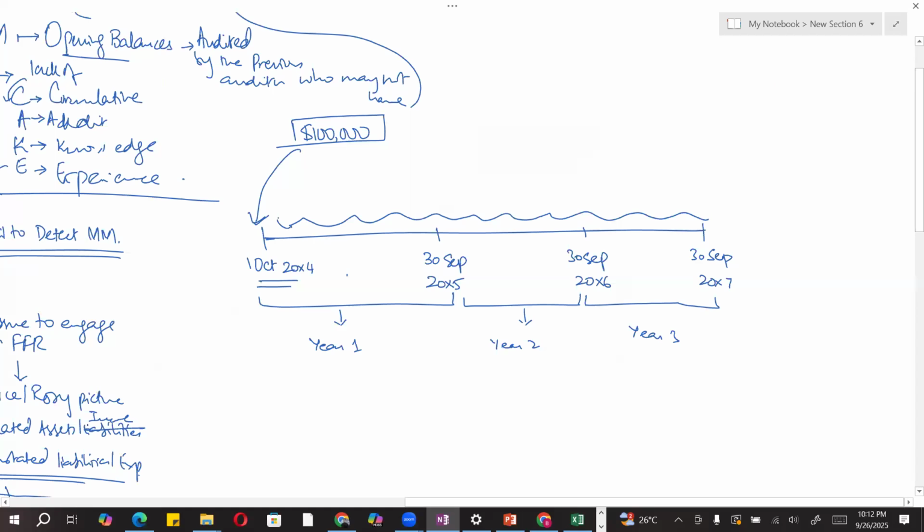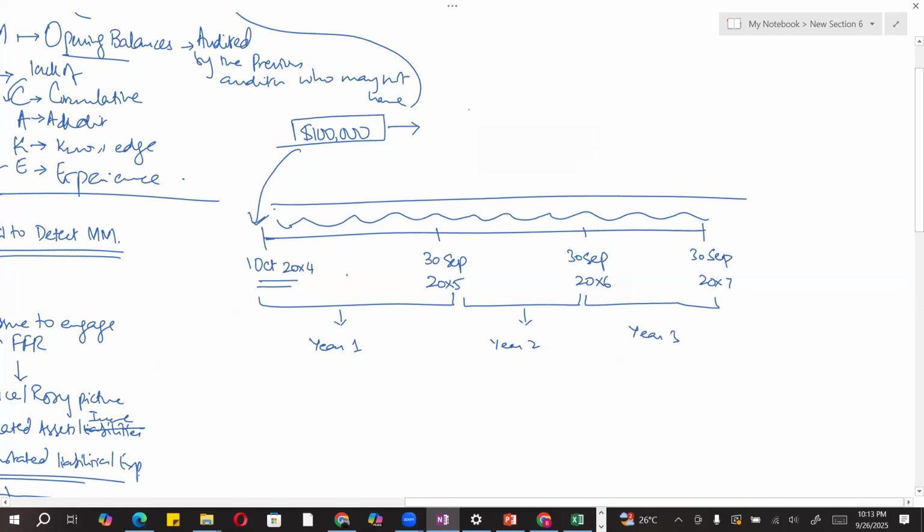So there is a performance obligation in year one, in year two, and in year three. As the performance obligations are spread over a number of years, you cannot record the entire amount of $100,000 immediately.